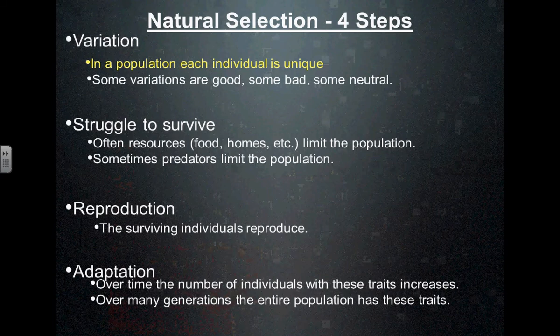Now sometimes these variations can be helpful to the species, to the individual. Sometimes they can be harmful. Sometimes they don't make a difference either way. If the trait or the characteristic is something that's helpful, we say that it has adaptive value.